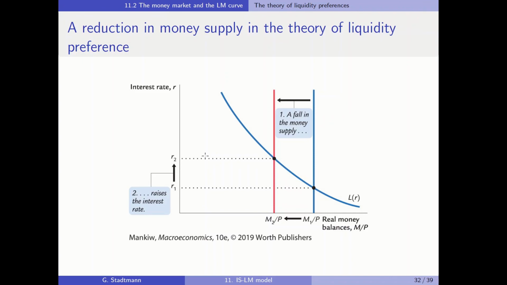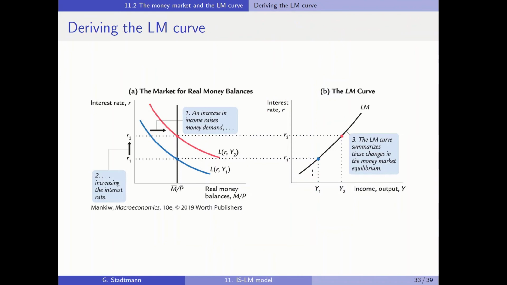In this subsection we want to derive the LM curve, and we will use this diagram to derive the LM curve. The LM curve will also be created in a diagram where we have the interest rate on the vertical axis and the output level on the horizontal axis. In the initial scenario, we are in the blue scenario, so the interest rate is on the level R1. The blue money demand curve is valid.